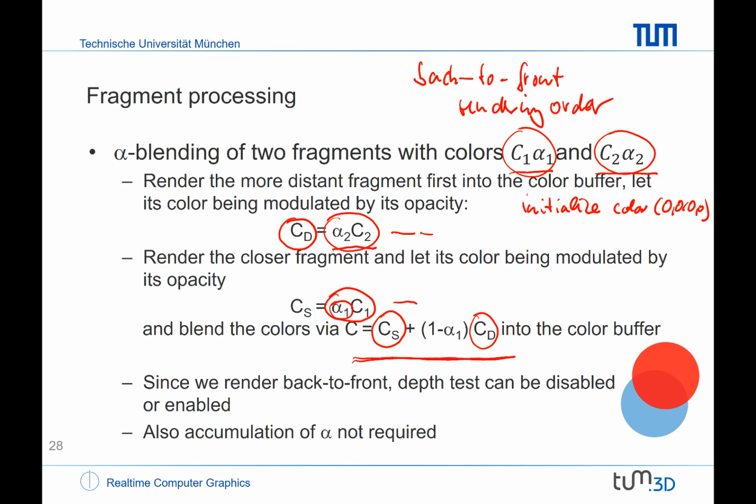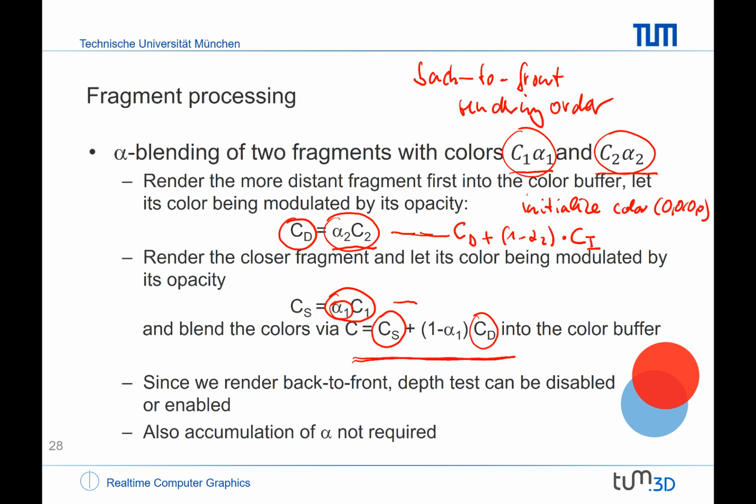And then when rendering this very first object, we perform the very same blending. Namely, we say C_D plus 1 minus alpha 2 times, let us call this C_I for the initial color. And because the initial color was 0, this contribution is essentially 0.